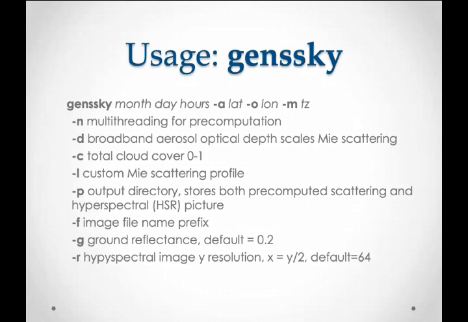You can generate a custom one if you want to generate a custom sky. And then the -p option is where you store all the pre-computed tables and the hyperspectral image. The -f option gives a custom name to your hyperspectral image. -g is ground reflectance, and -r is the accurate rectangular hyperspectral sky map resolution.